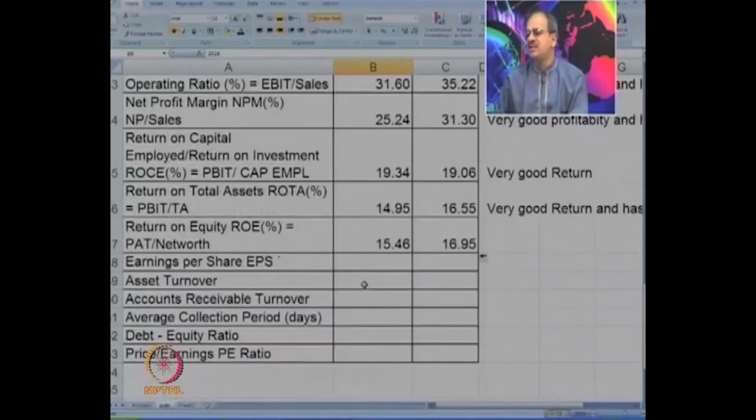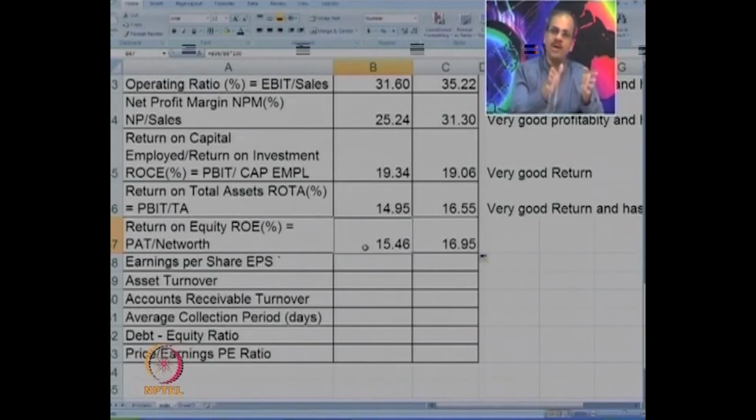Now, though it is a very good return, you can see it is less than ROCE. Why has it fallen from 19.34 to 15.46? You will observe that the denominator is more or less same. Capital employed and net worth, there is no difference. But numerator earlier was PBIT, now it is PAT. Since company is paying some amount as taxes, PAT is slightly lesser than PBIT.